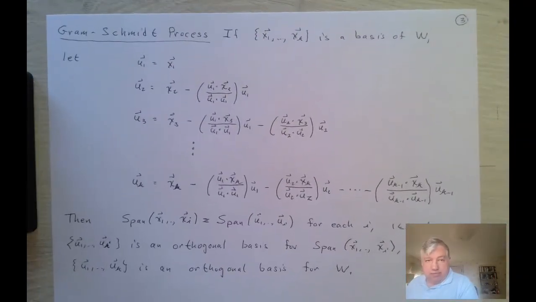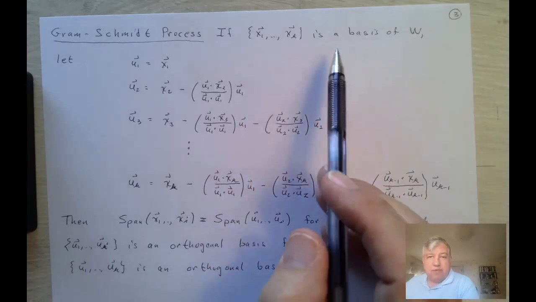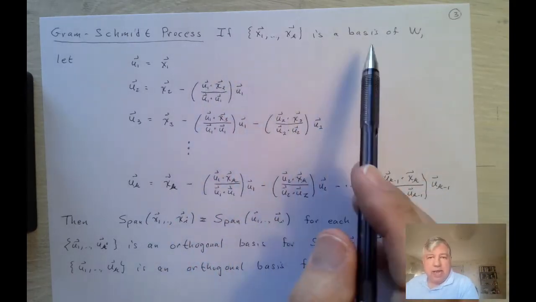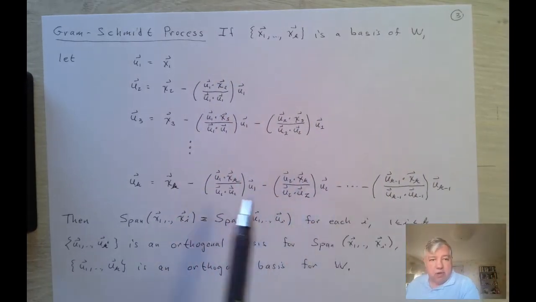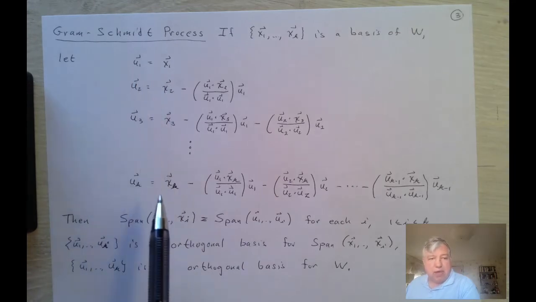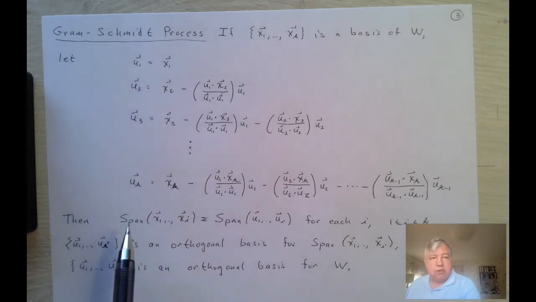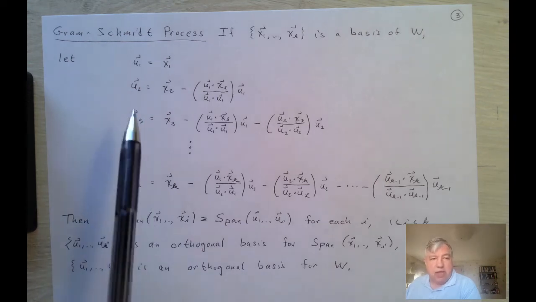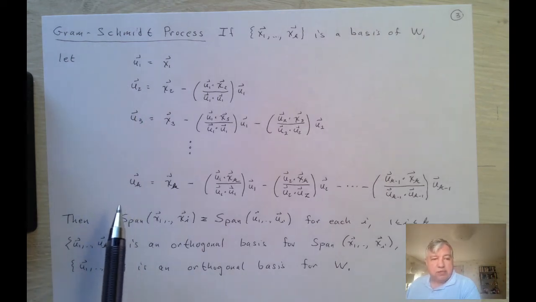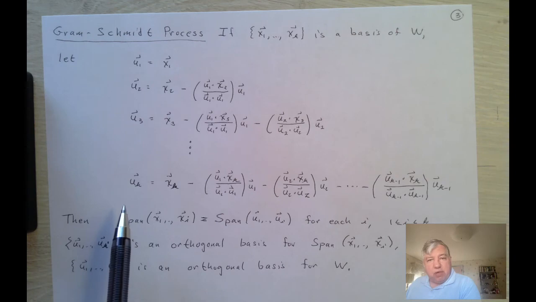which says that if x1 through xk is a basis of W, we can just go through these calculations, and that's how we get an orthogonal basis. Not only do we get an orthogonal basis of W, we get an orthogonal basis of all these intermediate subspaces here.